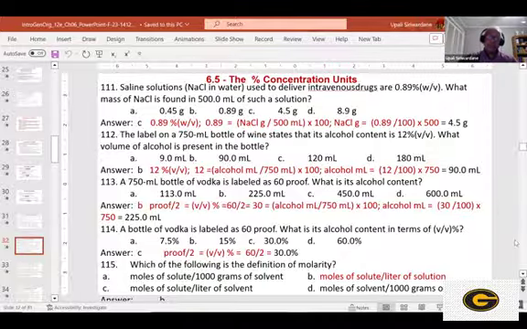Isotonic means blood cells will remain the same size. We're going to talk about osmosis later, in later slides.